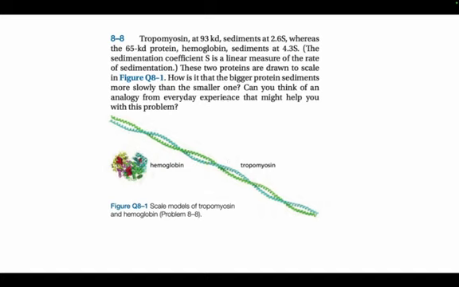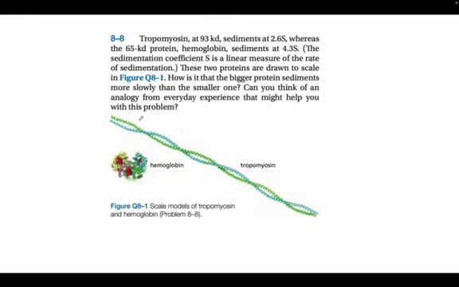How is it that the bigger protein sediments more slowly than the smaller one? The trick to this question is you have to think about the shape of these two proteins. This is a very elongated protein. This is a very small compact protein.